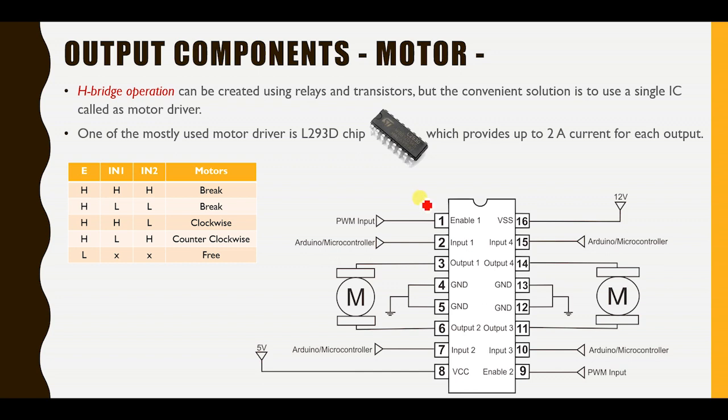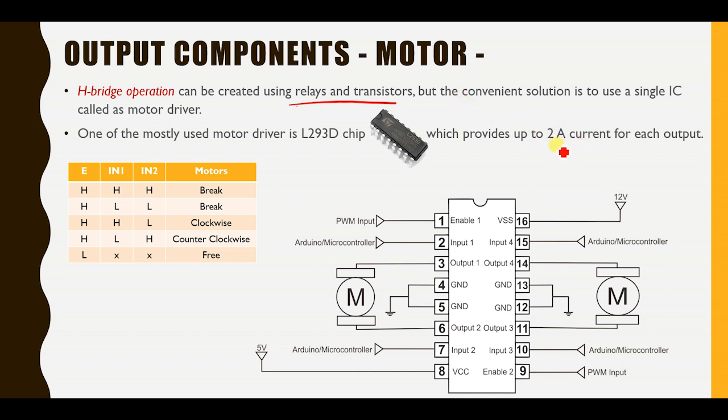The H-bridge acts basically like a relay. It can be created using relays and transistors, but the convenient solution is to use a single IC called a direct motor driver.